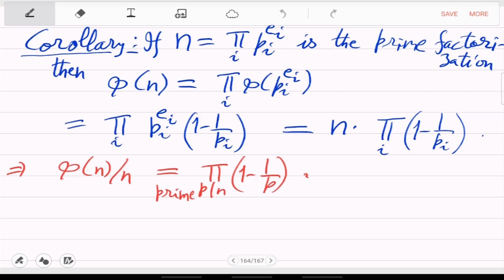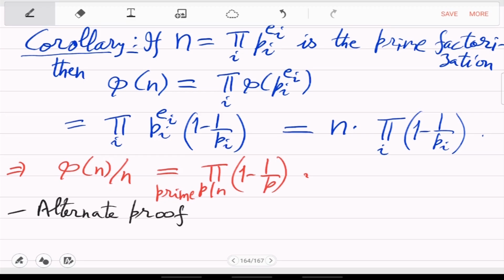That also can be done. Once you have this expression, it will be easy to interpret this product 1 minus 1 over p by this inclusion exclusion principle.